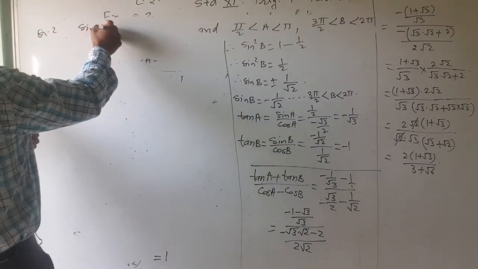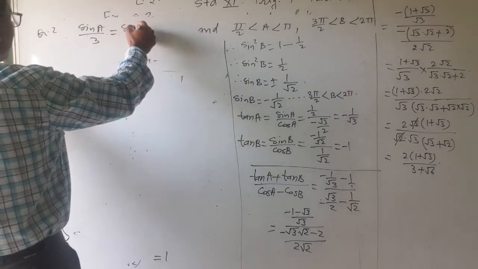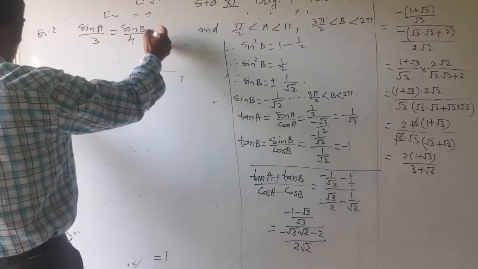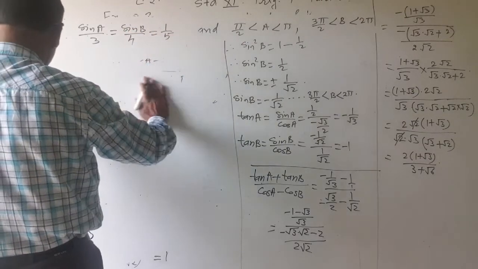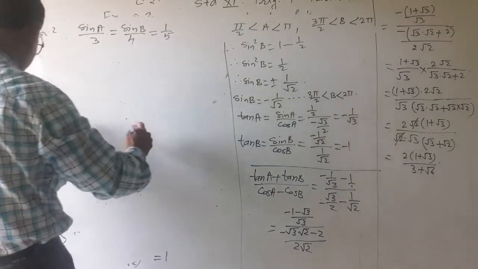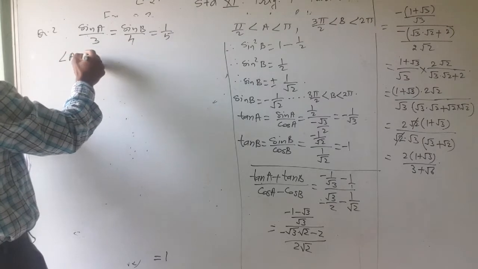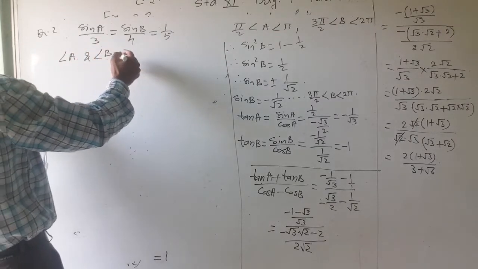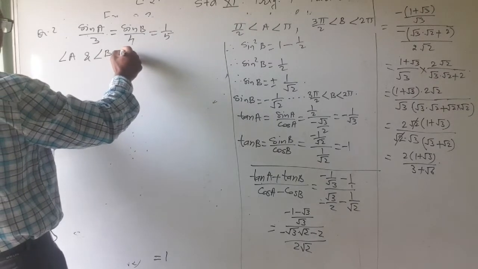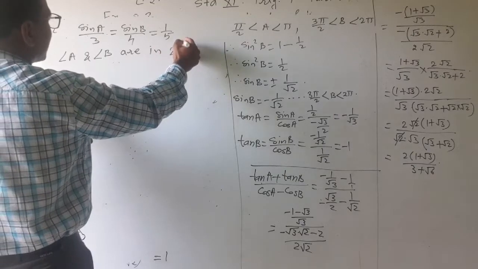Sin A upon 3 is equal to sin B upon 4 is equal to 1 upon 5, and angle A and angle B are in the second quadrant.